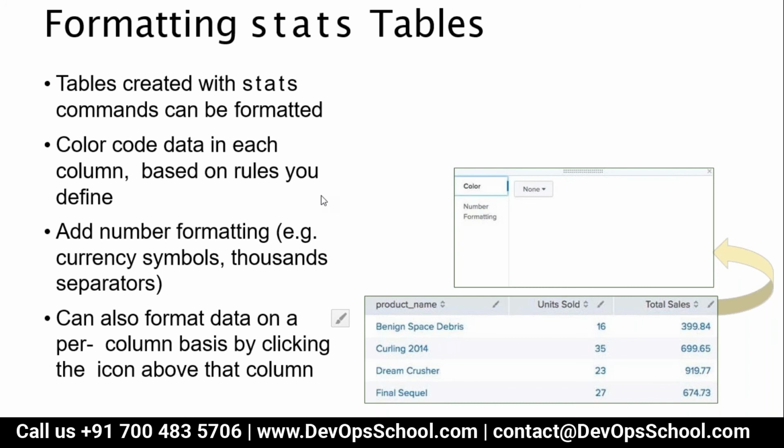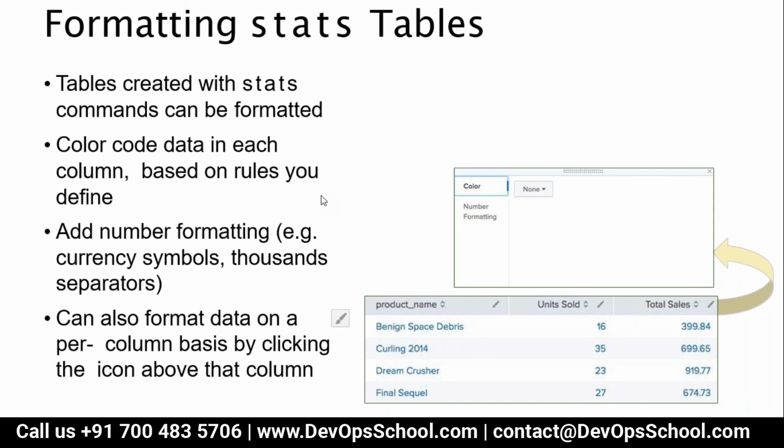Tables created with the stats command can be formatted. Color code data in each column based on the rules you define. You can also add number formatting, for example currency symbol, thousands separators.